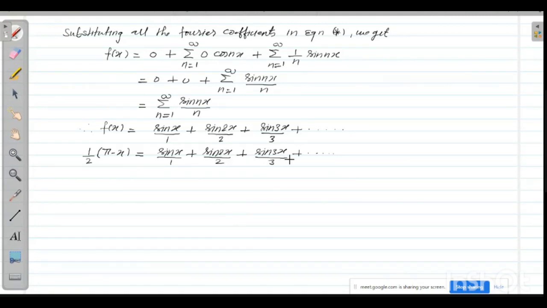Okay, but the odd ones will survive, so we put x equal to pi by 2 in this expression.